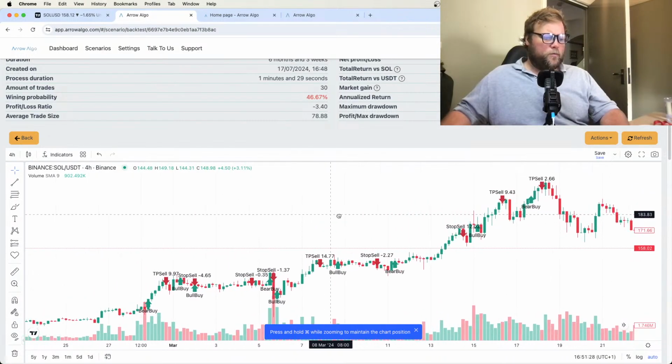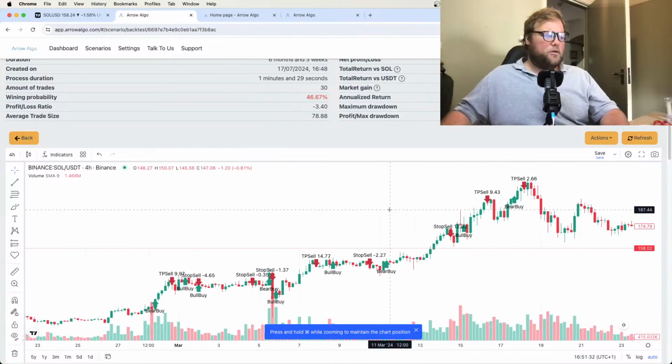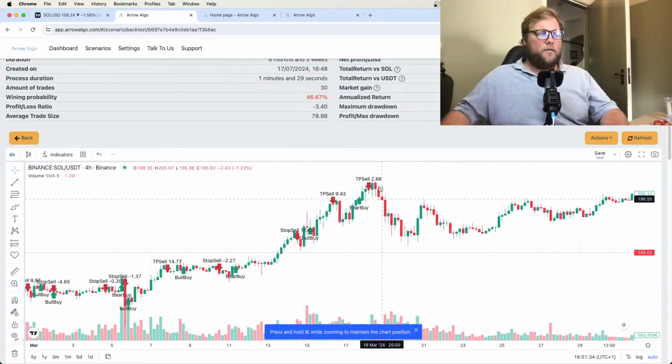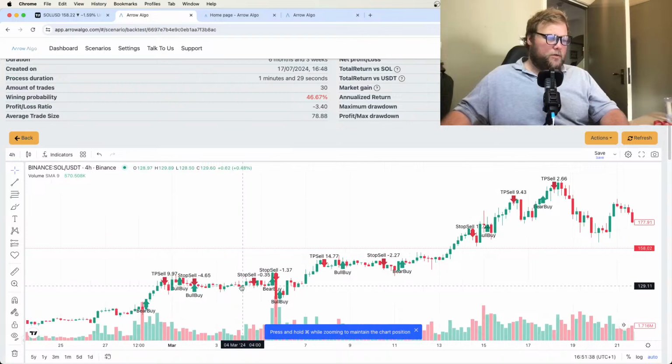Interesting. So my next thought process would be to analyze why that hasn't sold as much, why that hasn't bought back in after this initial point. But you can see here for the start of these are some nice results.